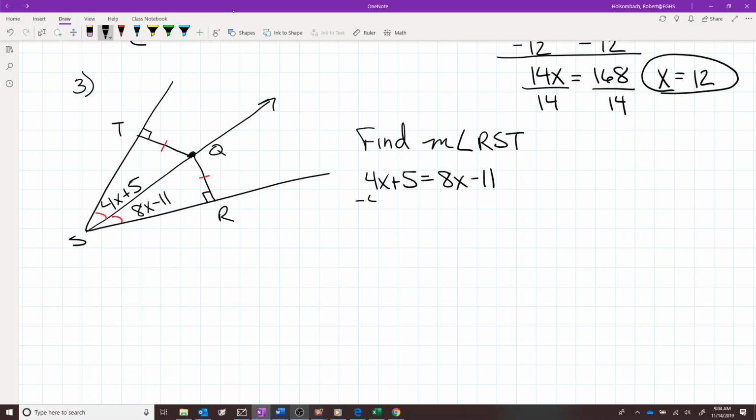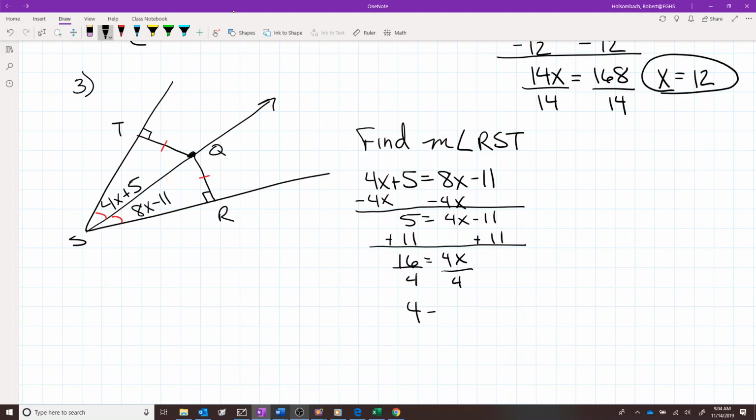If you subtract 4x from each side, then 5 equals 4x minus 11. And if you add 11 to each side, 16 equals 4x, and you can divide by 4. So 4 is equal to x.